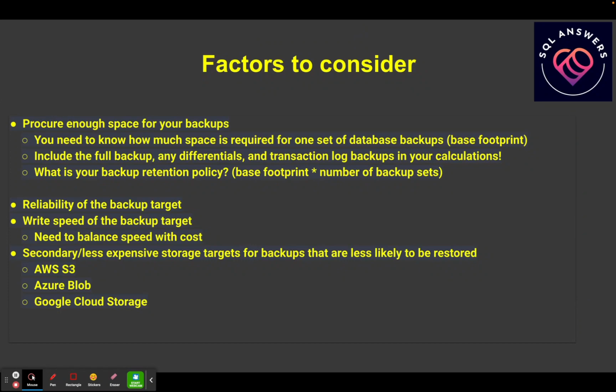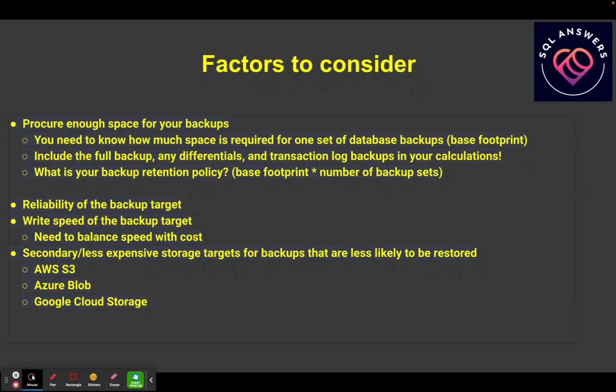For example, maybe you're backing up once a week full, daily differentials, and hourly transaction logs. So you would need to procure enough space for that full backup, for any differentials that you want to be able to utilize during that time, as well as all the transaction logs. So you need to size accordingly.